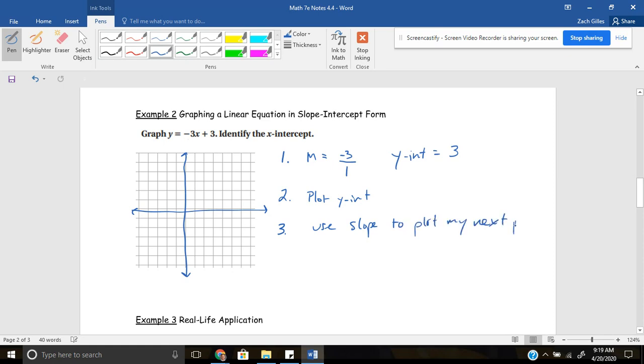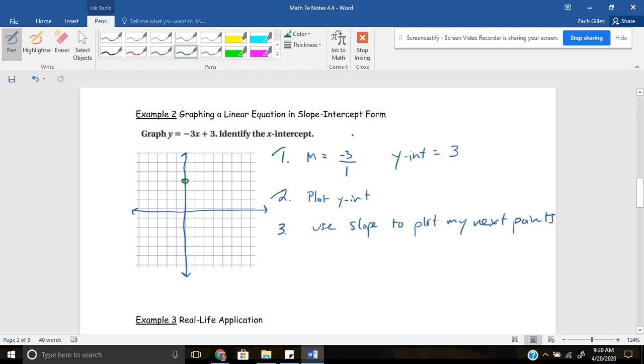Let's do that. Let's plot my y-intercept. My y-intercept is 3. So here's the y-axis, and it crosses it at 1, 2, 3. So there's my first point. Next, all I need to do is use my slope to plot my next points.